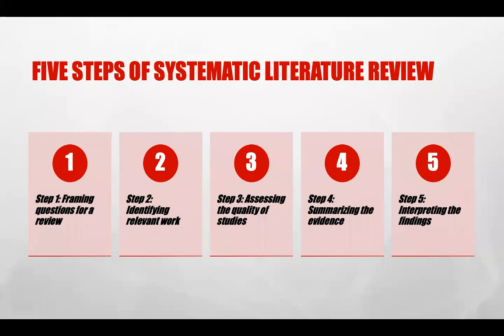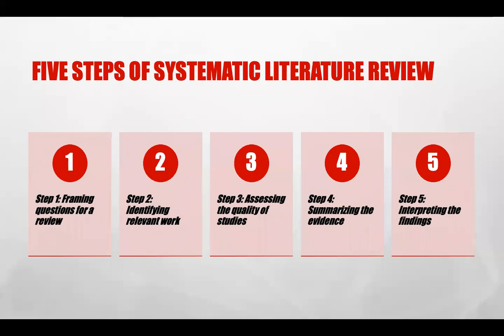The second step is identifying relevant work. Once you identify the question, you start identifying the relevant work. Step 3 is assessing the quality of the studies. You should have some criteria.